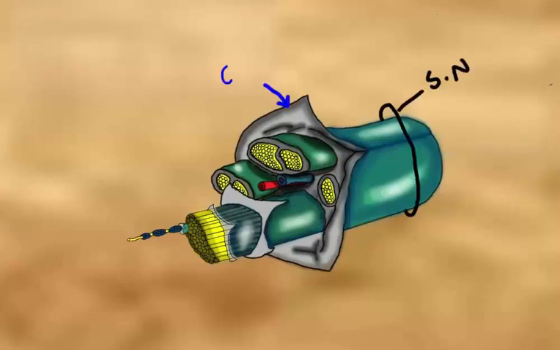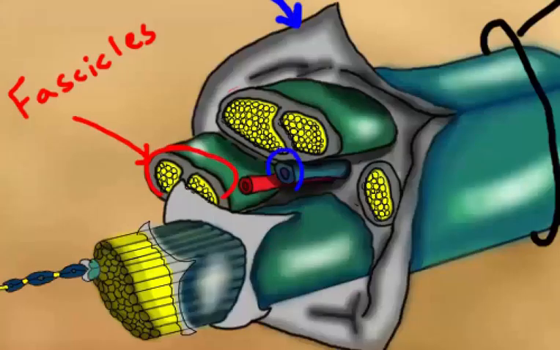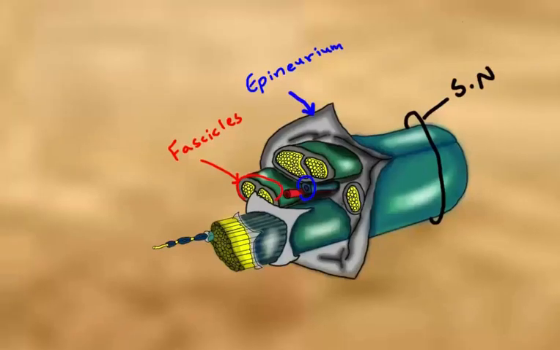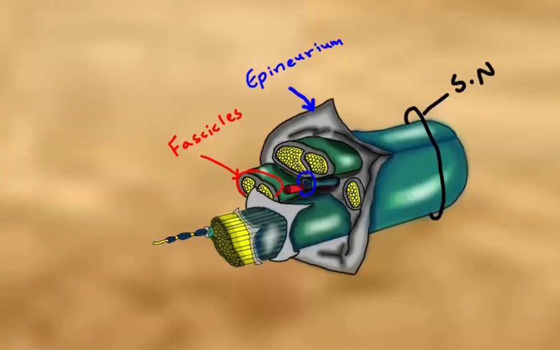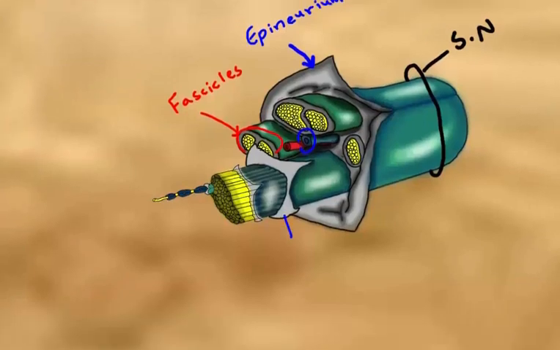It is covered by a tough outer layer of dura and arachnoid matter called the epineurium. Spinal nerve is made of nerve bundles grouped together as fascicles. Also, we find blood vessels between these fascicles. Fascicles are covered by a layer of connective tissue called the perineurium.